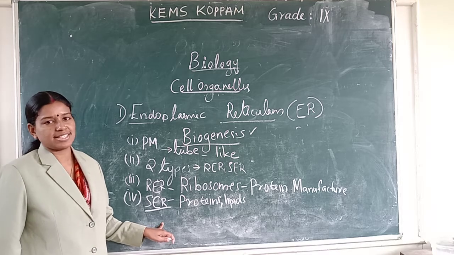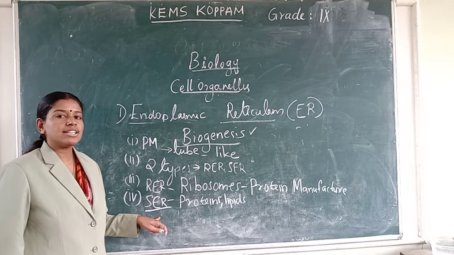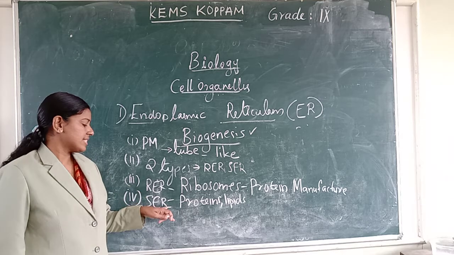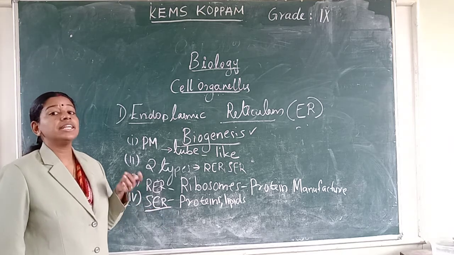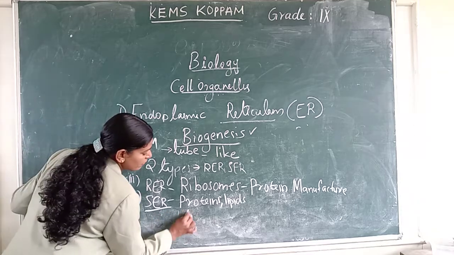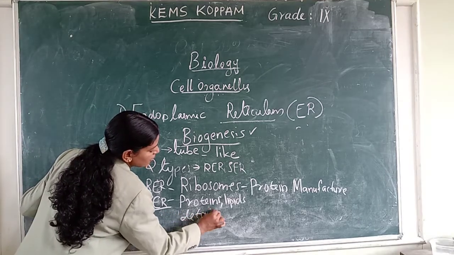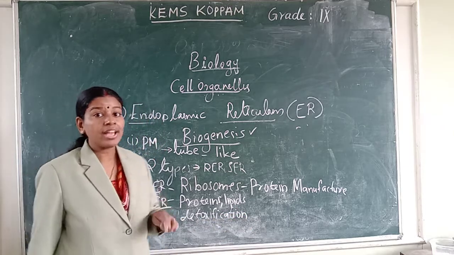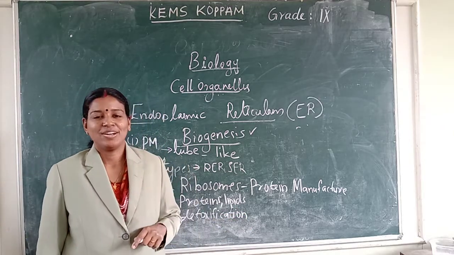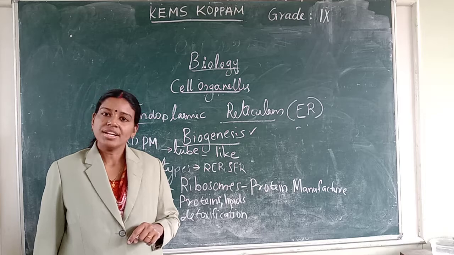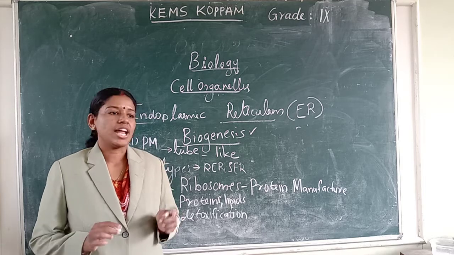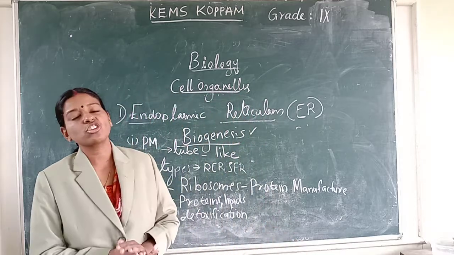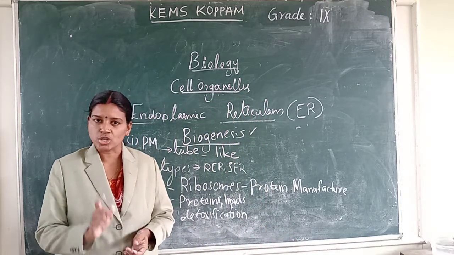That's why it's present in the liver cells of all vertebrate animals. So one more function we studied: detoxification, which means removing the toxic things. Understood? So these are the points we have to study in the first cell organelle, the endoplasmic reticulum.